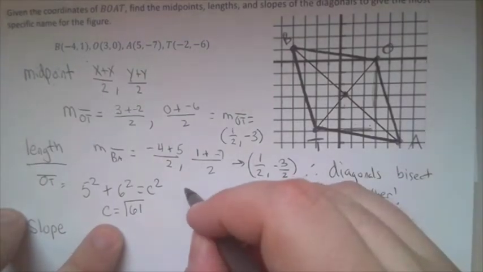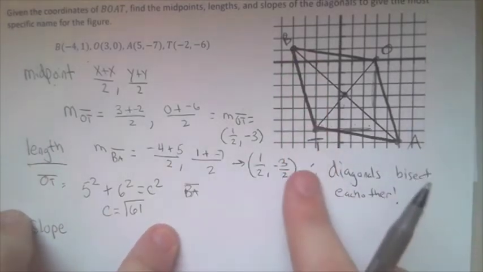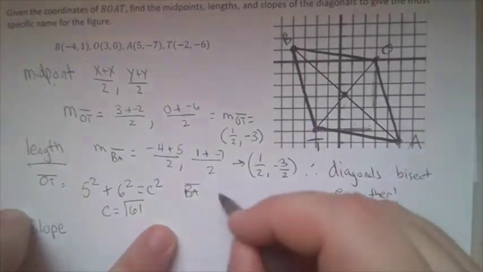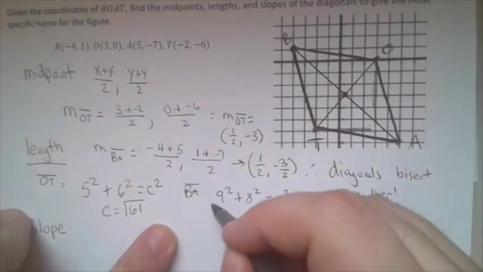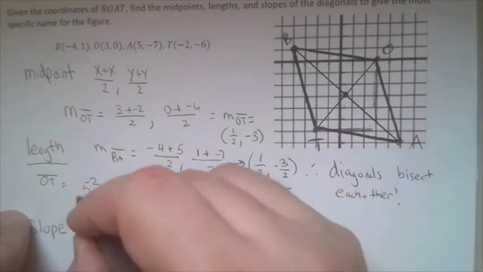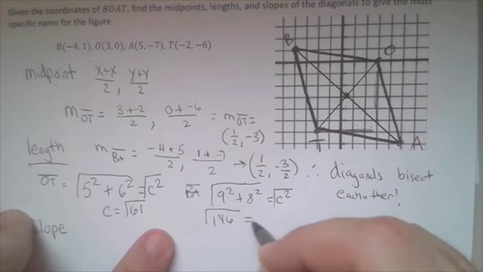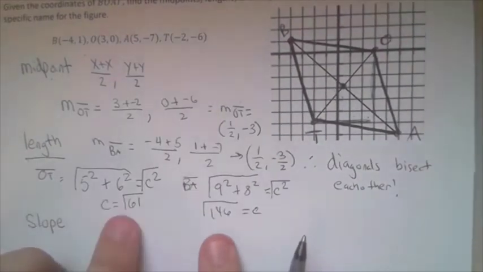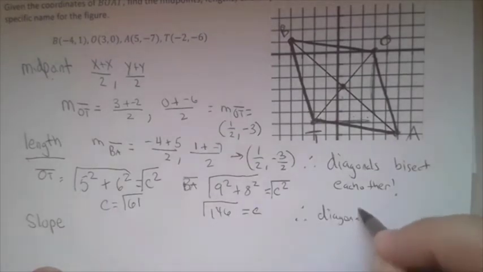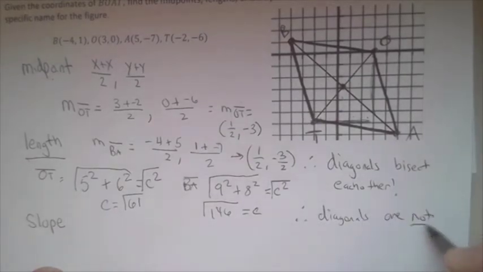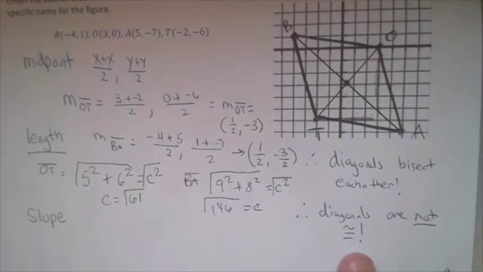If we do the same thing for BA, the lengths we're going to see in our triangle are going to be 9 squared plus 8 squared equals c squared. If I do the same exact thing here, we end up getting the square root of 146 equals c. Those are not the same value. Therefore, diagonals are not congruent. So it's definitely not a rectangle or a square.